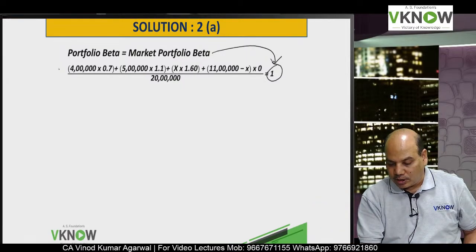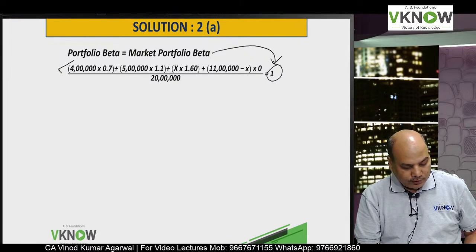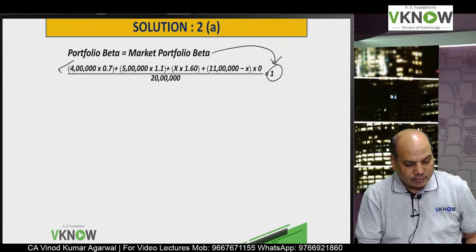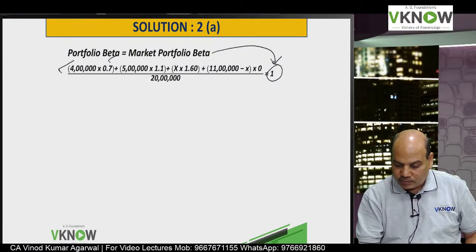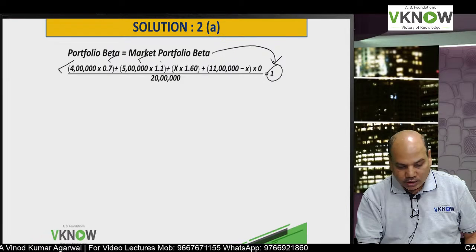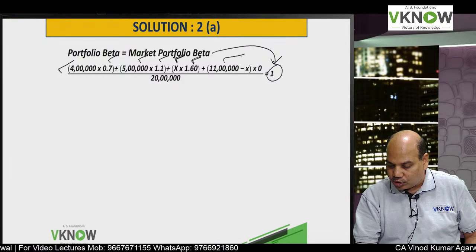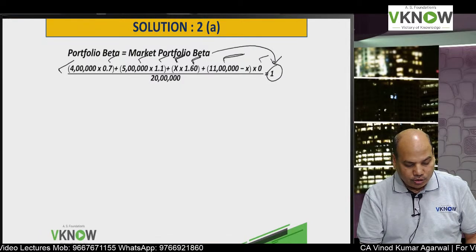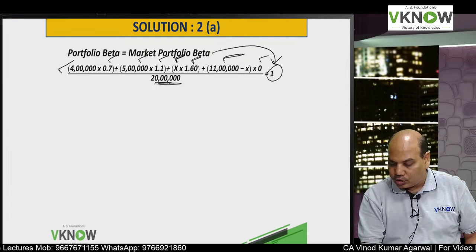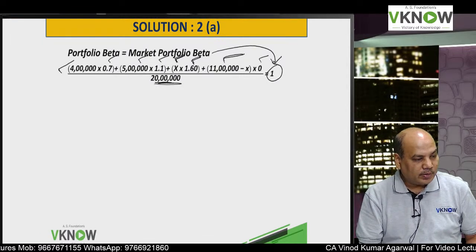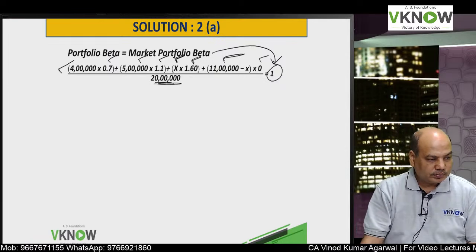Portfolio beta is weighted average beta. So I'll multiply. First amount is 4 lakh into beta 0.7 plus second amount is 5 lakh into 1.1. Third amount we have assumed X into 1.60. Fourth amount we have assumed 11 lakh minus X into 0, and divide by the total amount 20 lakh.